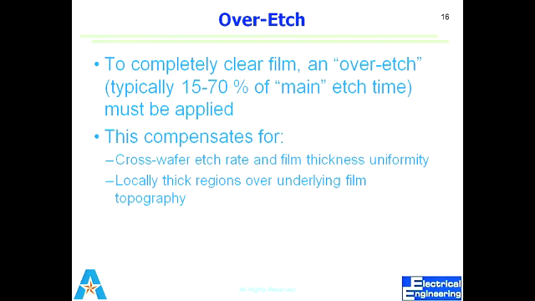So if I want to deposit 200 nanometer of oxide, in this part it will be at this level, but at this part it would be at this level because it's 200 nanometer over here. So if I consider this as my underlying topography, it is going to affect my thickness as well. If there is some residue here, this much, then in this part 200 more, so there will be 400. So underlying topography can affect it, as we saw in the previous slide. All these non-uniformities are handled by using the over-etch process.